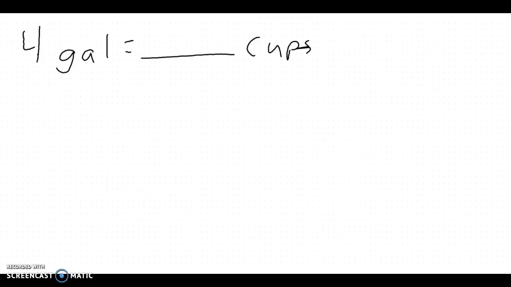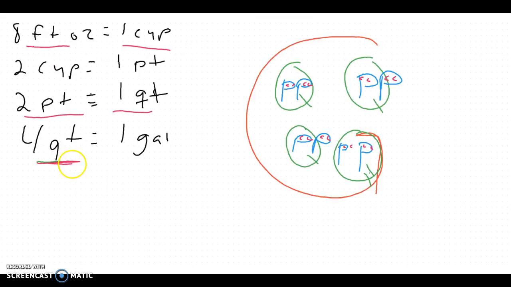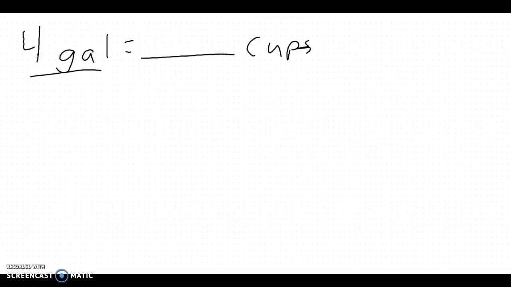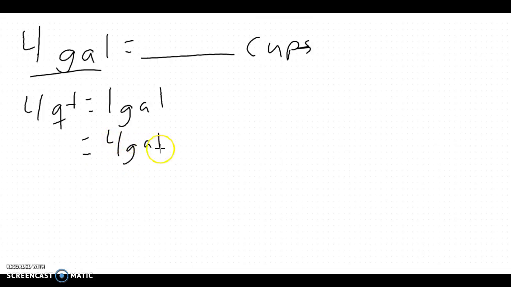So the first thing I'm going to do is change my gallons to quarts. 4 quarts is 1 gallon. So if 4 quarts is 1 gallon, and I have 4 gallons, I would need to find out how many quarts that would be. So 1 gallon is 4, and I have 4 of them.